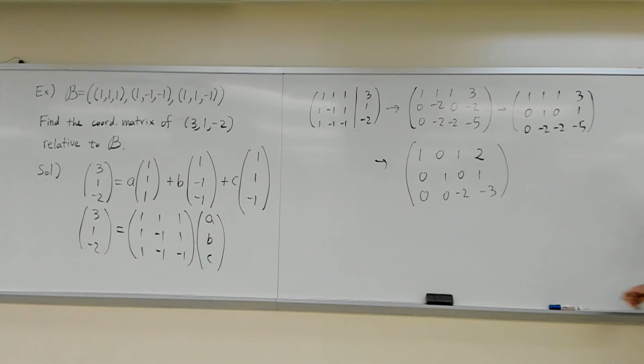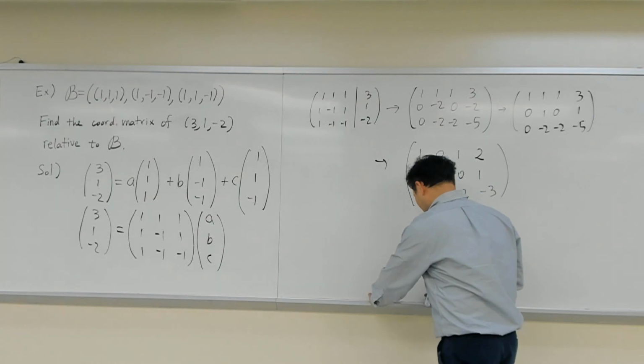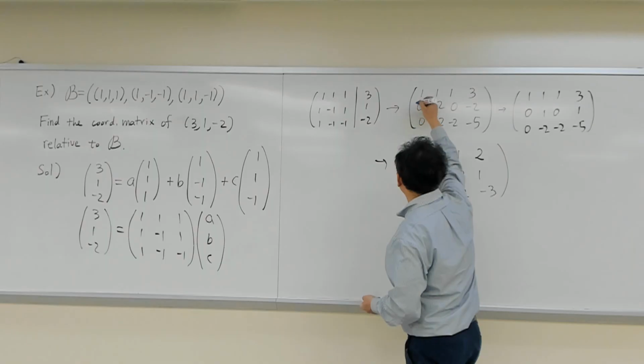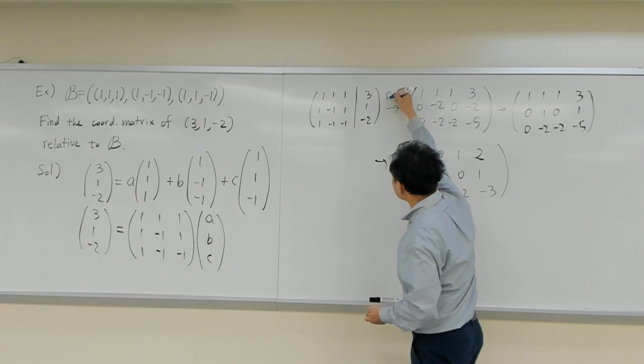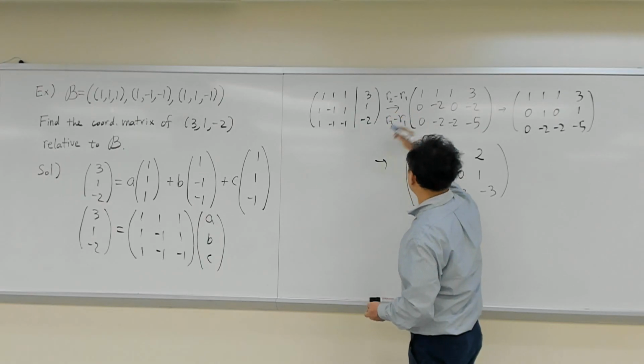One way to write this is how people write the row operations. Here what you're doing is R2 minus R1 and R3 minus R1.